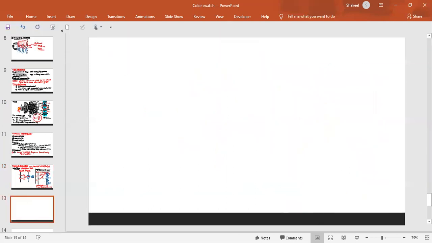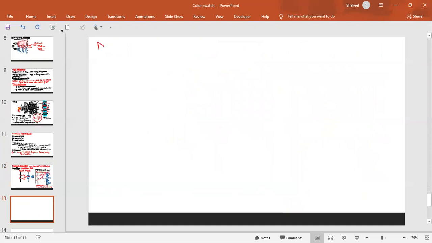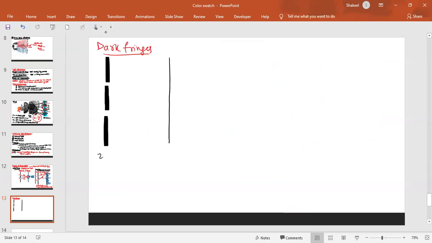Okay, now keeping in mind, let me tell you about the dark fringes. Let's say this is again the two slits, and this is the screen. The central will be the bright one, and then next will be the dark one.